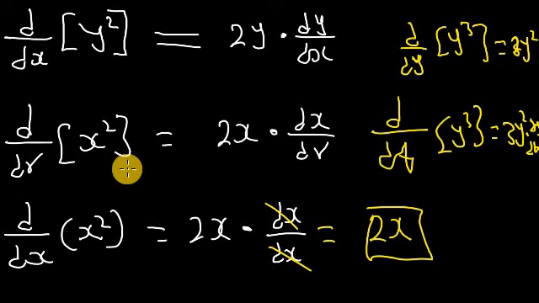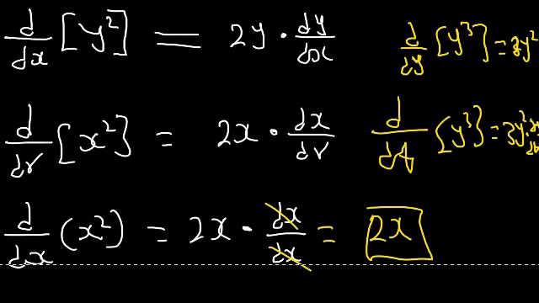Now it's time for a pop-up quiz. Let's see if you have been paying attention to what I've been discussing so far. Let's say you have a variable y equals x cubed plus t to the power of 5. y is a function of both x and t.